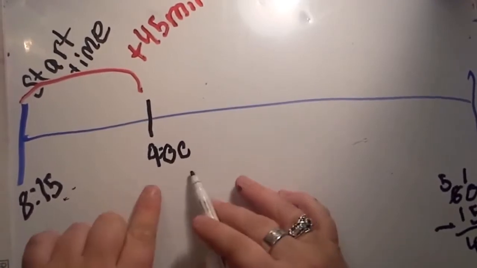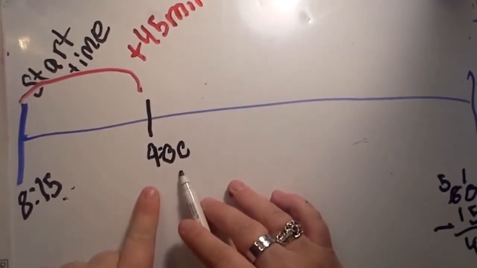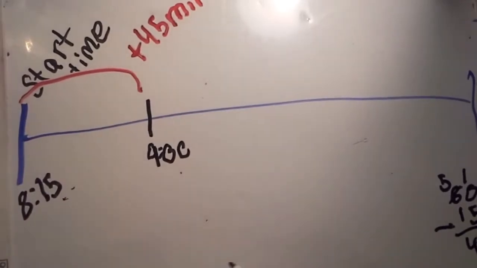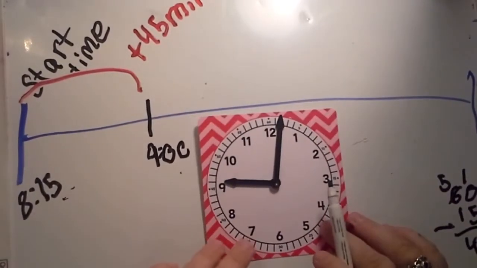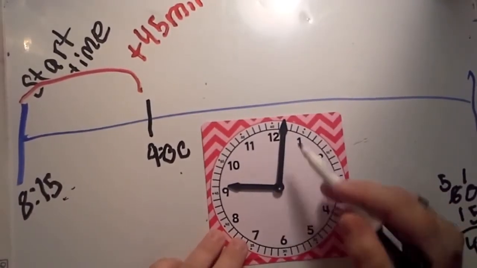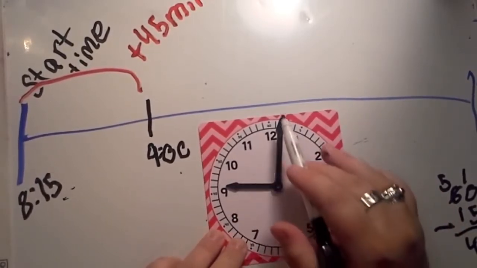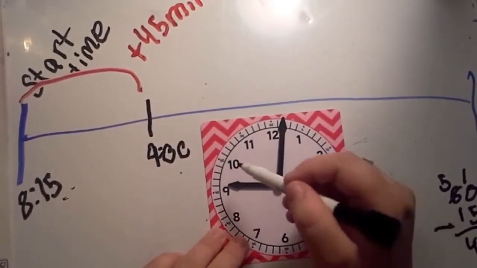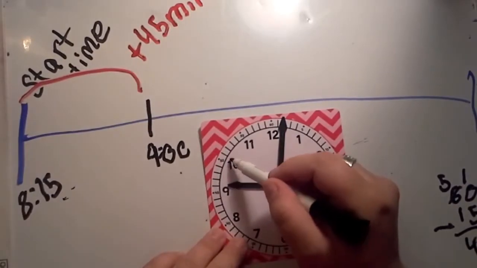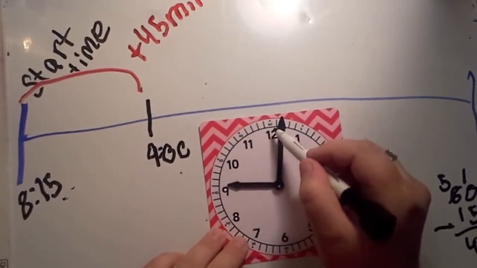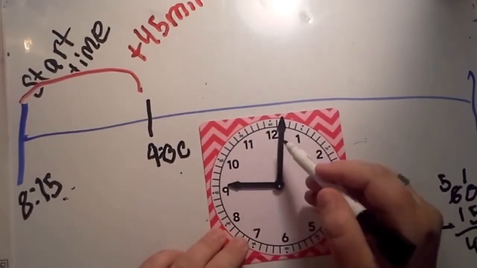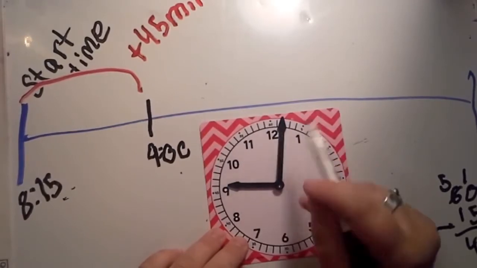Now that we got to 9 o'clock, we need to get to 12 o'clock. If we look at this analog clock right here, we can see that this is at 9 o'clock. If we count 1, 2, 3, it takes 3 hops to get over to 12.